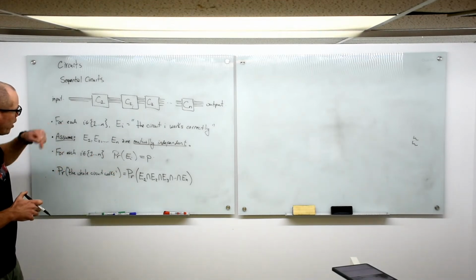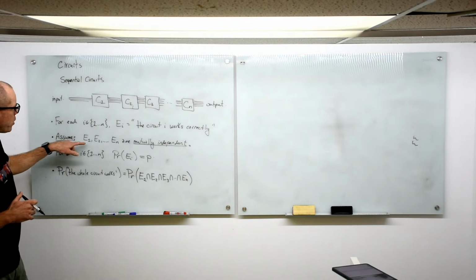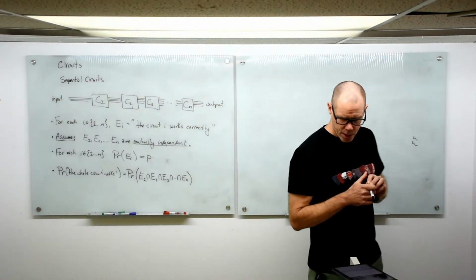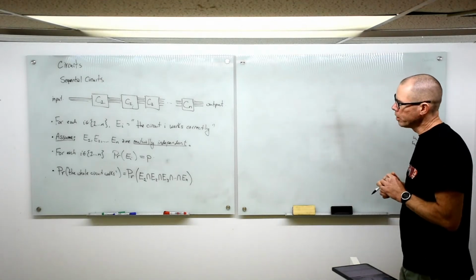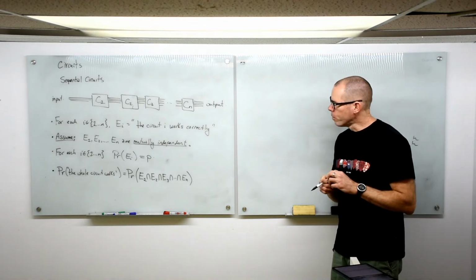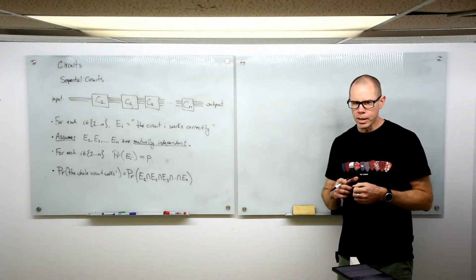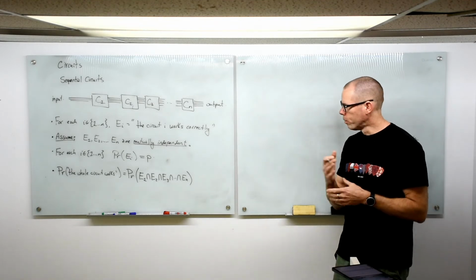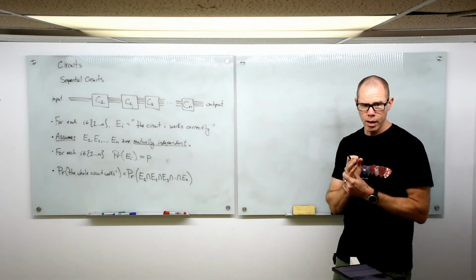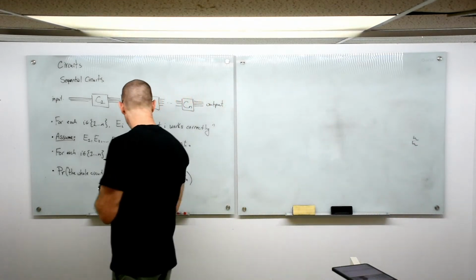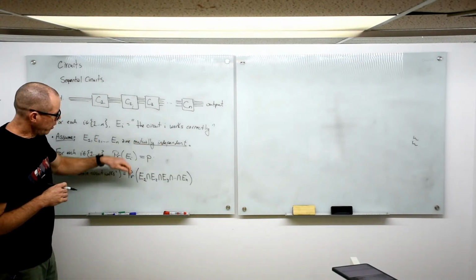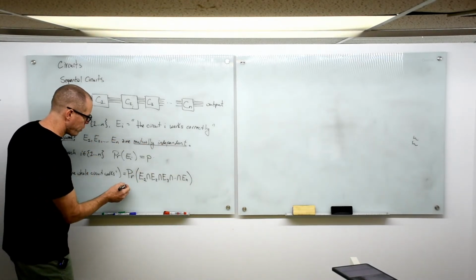Well, we have in our problem statement this assumption that E1 through En are mutually independent. And remember, the definition of mutual independence is that if I take any subset of the events, the probability that all of them occur is just the product of the individual probabilities that they occur. That's just the definition of mutual independence. And in particular, if I take all these events, the probability that all of them occur is just the product of their individual probabilities.